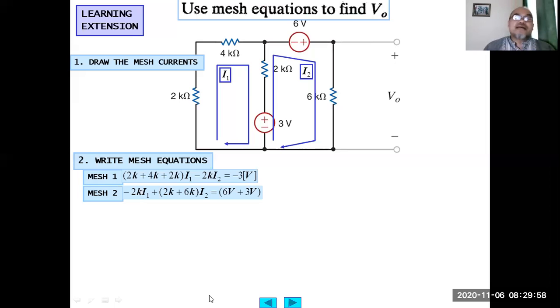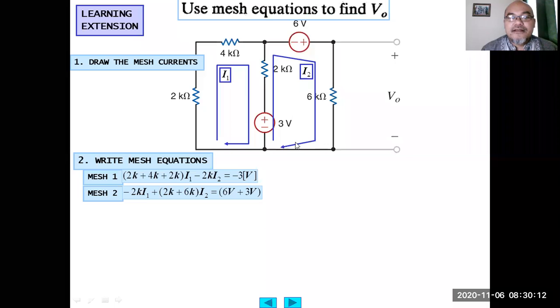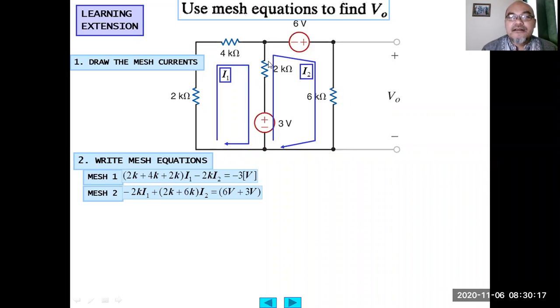Then the coefficient of I2 will be 2K plus 6K, multiplied by I2. What about the voltage sources? This voltage source is a voltage increase, so negative 3. This is also a voltage increase, negative 6, so negative 9 on the left hand side. When we move to the right hand side, it becomes positive 6 volt plus positive 3 volt. Okay.